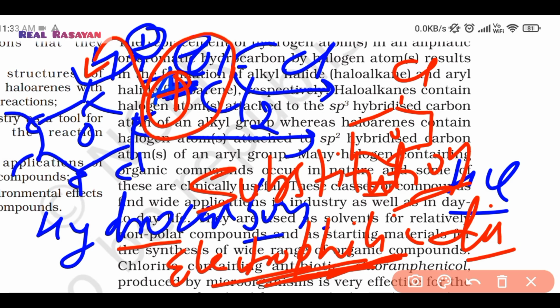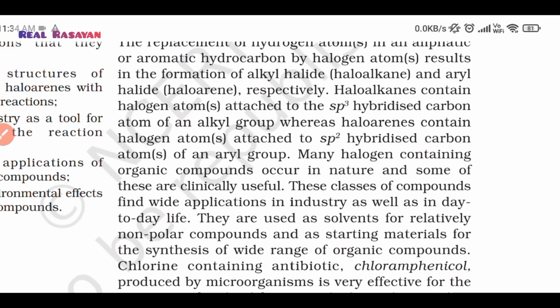These all terms are related to the chapter which we will discuss in detail in this chapter to clear all the concepts. Hope this point will be clear to you.